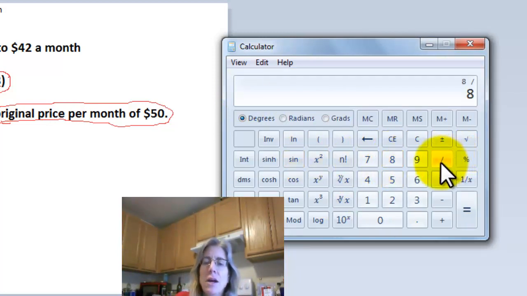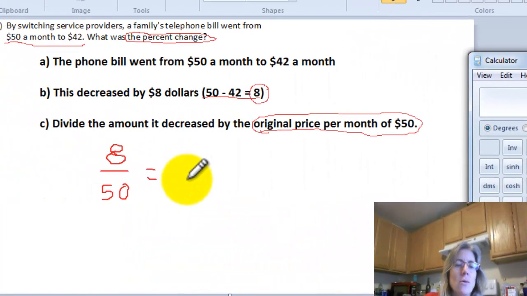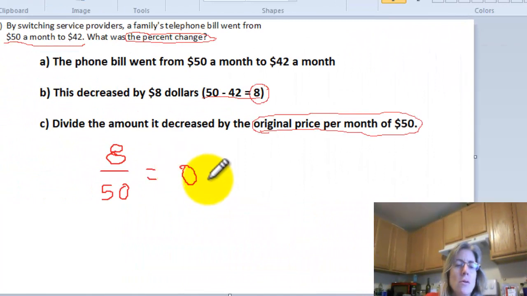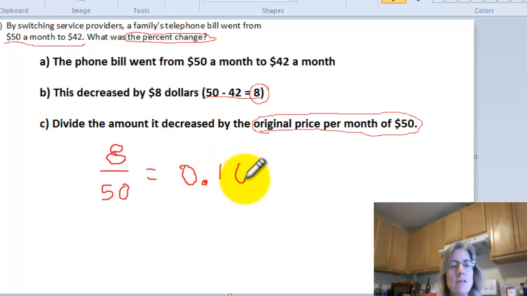8 divided by 50 equals 16. So 0, well, it's 0.16, sorry. 0.16 is the decimal. When you change a decimal to a percent, you are multiplying by 100.